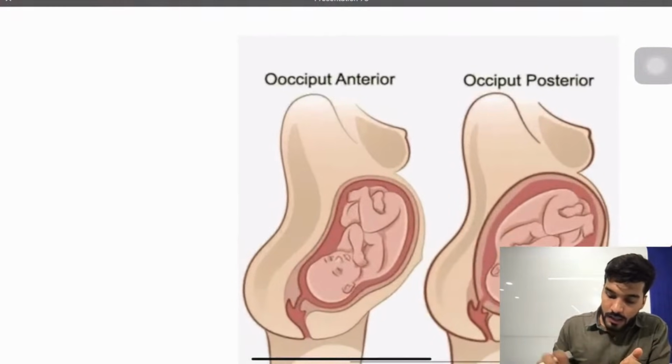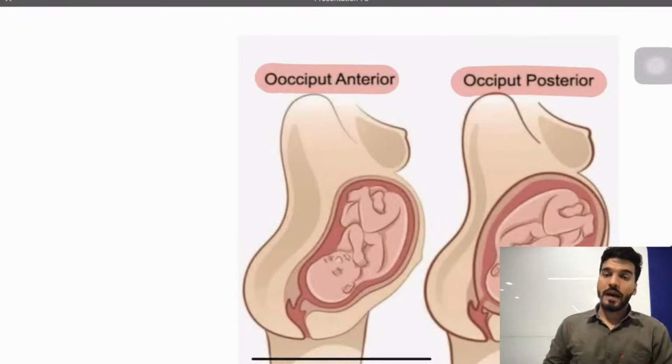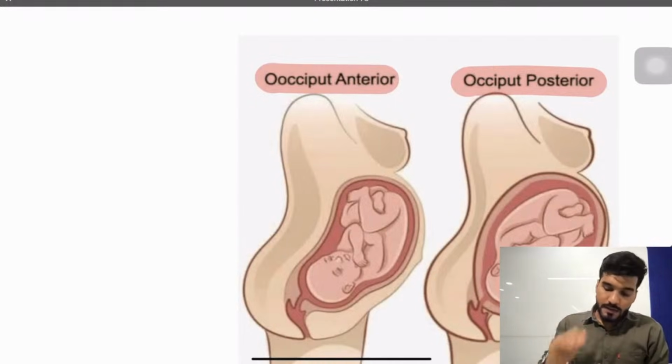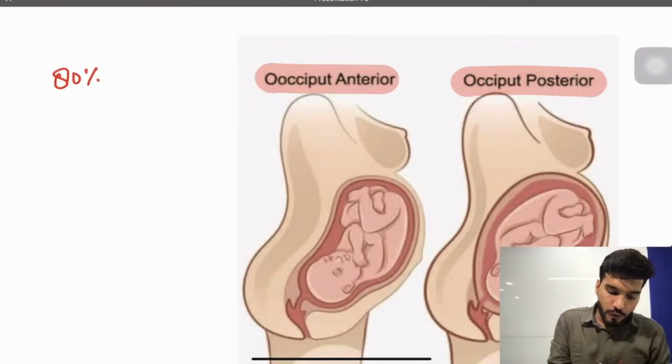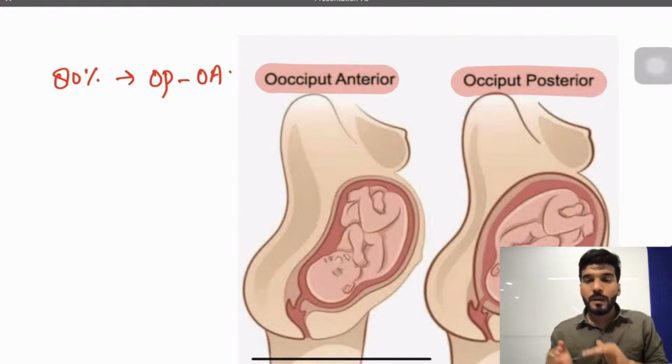Now remember, we have occipito-posterior and occipito-anterior. 80% of occipito-posterior will change into occipito-anterior and they will be delivered with a normal vaginal delivery.